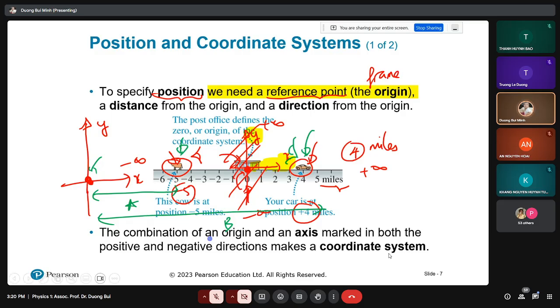So it depends on the reference frame, the xy coordinates you have chosen.